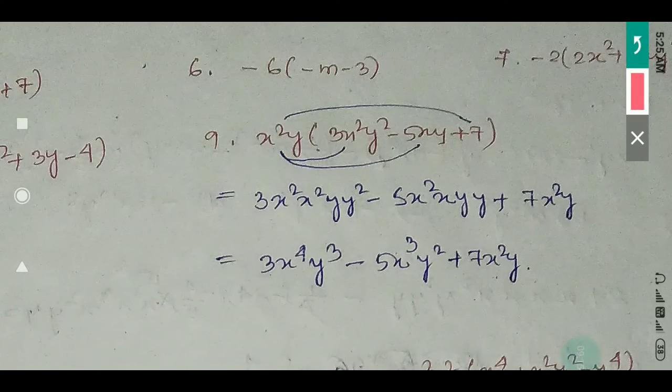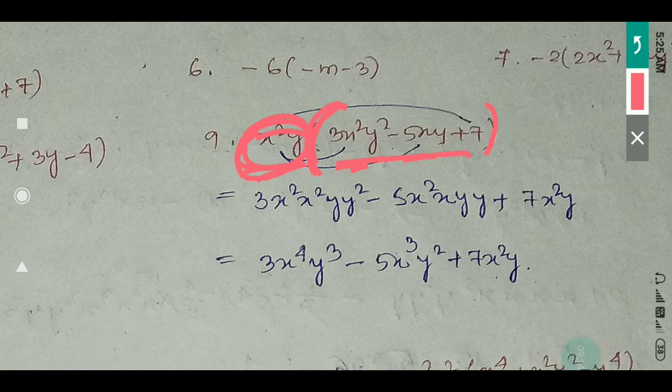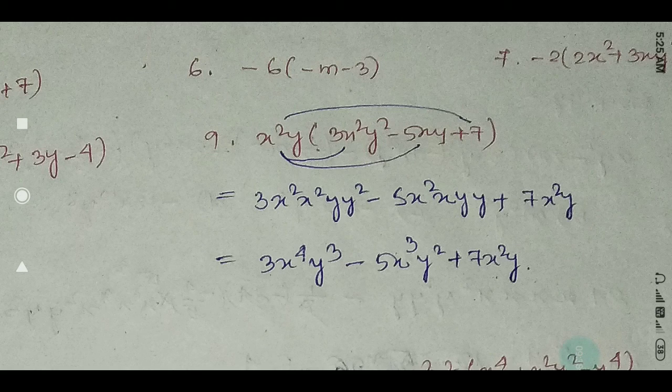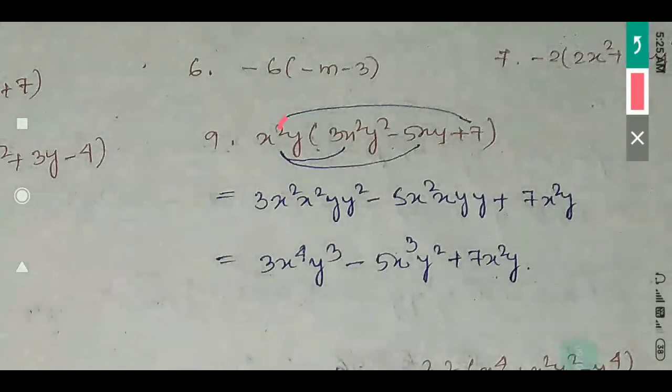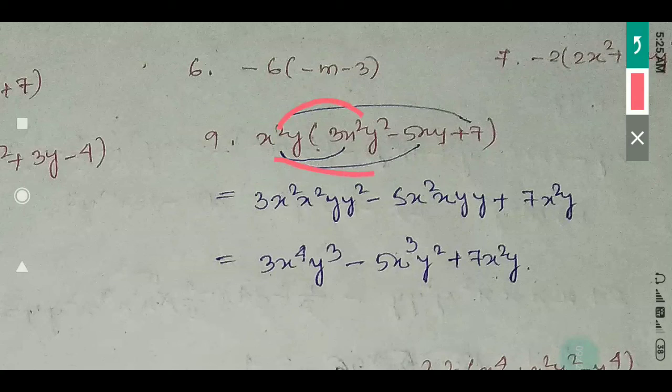So 9 number, it is given that x square y inside the bracket is given. This term is common for both this term and this one. That's why I have taken it outside the bracket. So while you remove the bracket, this term will be multiplied to all the terms. So x square y, you have to multiply this term also, x square y, you have to multiply this also, x square y, you have to multiply with 7 also.